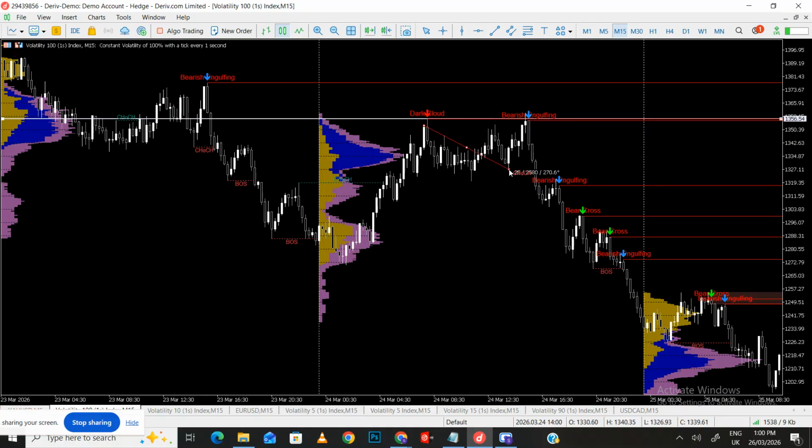So if you don't want to wait for a market structure shift, make sure you wait for the price to come back to where the indicator showed up, this dark cloud, and then place your sell order or instant execution. The market is going to drop.